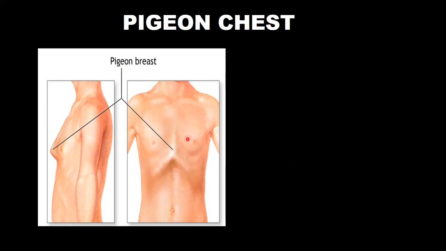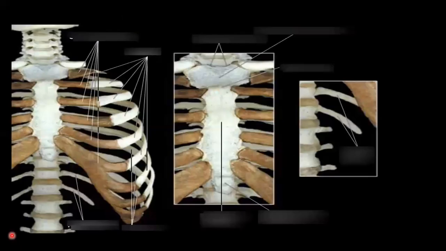In the funnel chest, the heart is pushed to the left and the left lung is unable to expand, leading to shortness of breathing and cyanosis. So for the funnel chest, we have cyanosis and shortness of breathing, whereas in the pigeon chest, we have rickets and rickets rosary.